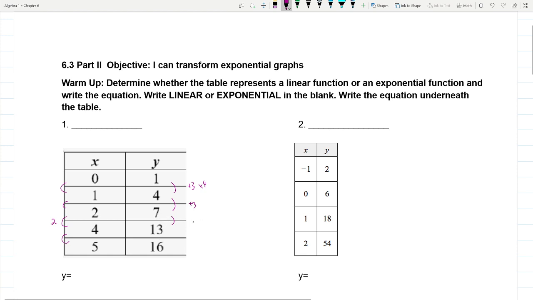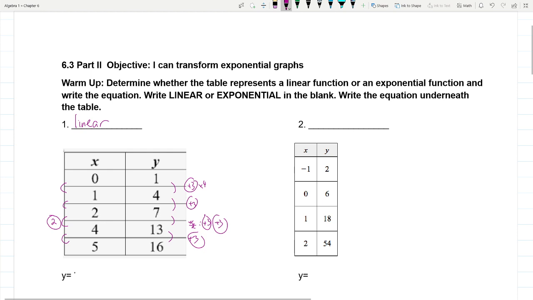That's a difference of 6, but our x value doubled. So if I divide that by 2, I get plus 3 and then another plus 3. And then from 13 to 16 is plus 3. Because we are adding each time, we added twice there, this is a linear equation.